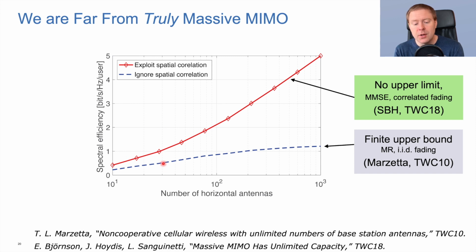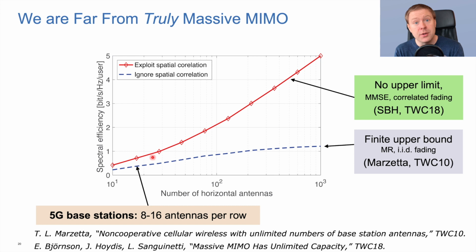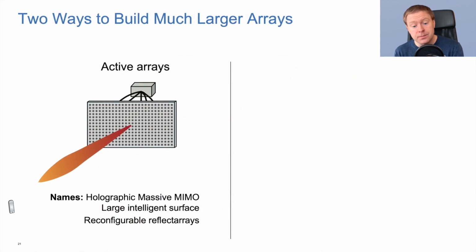And the difference might not be so large down here where we are today with 5G base stations, where you have like 8 or 16 antennas per row. But when you are moving up in the number of antennas horizontally, if we can build large arrays, then we can see a big difference in terms of being able to separate users in an entirely new way, provide many users good performance, and utilize the spatial properties of the channels.